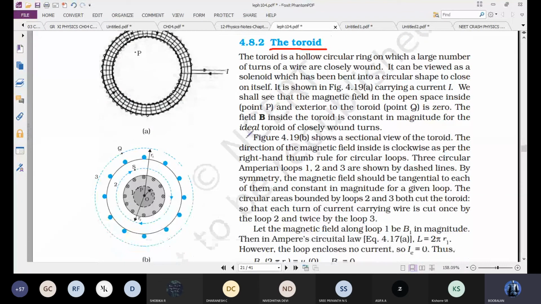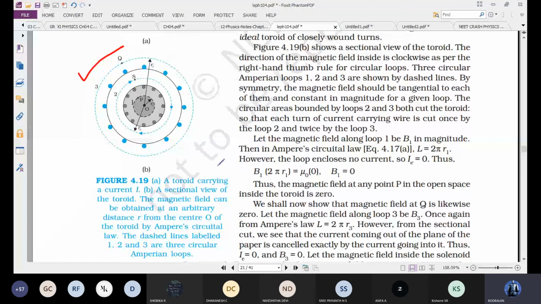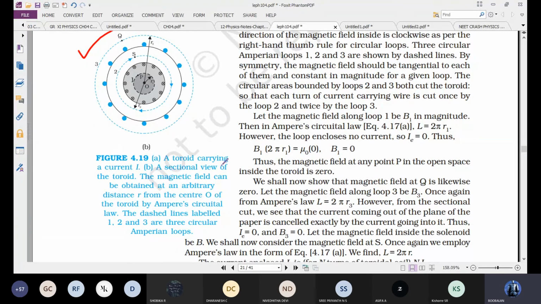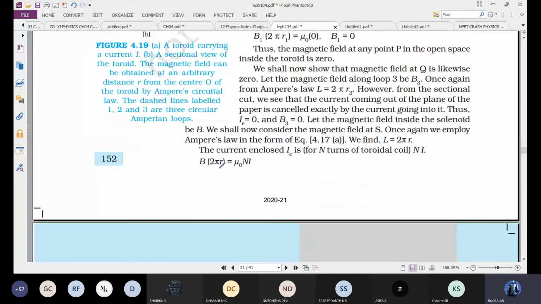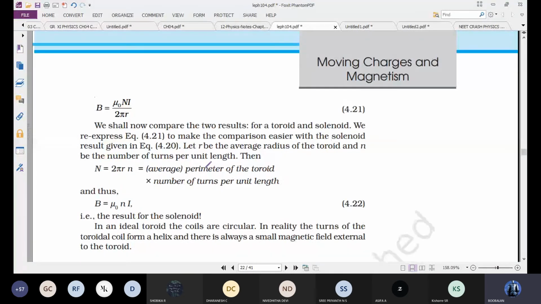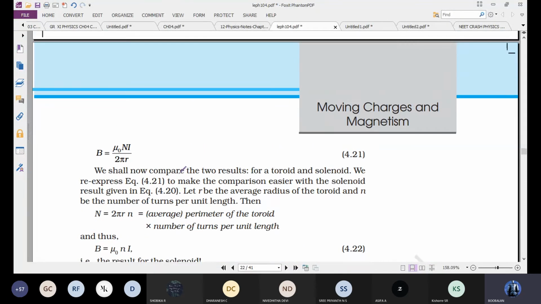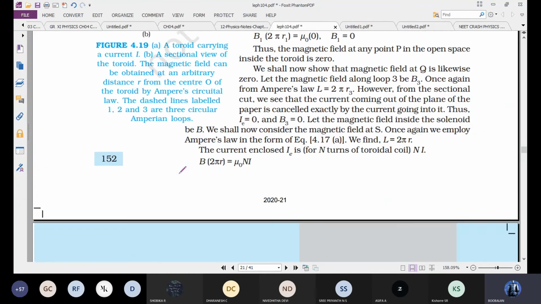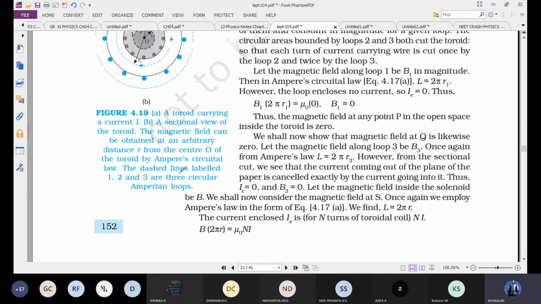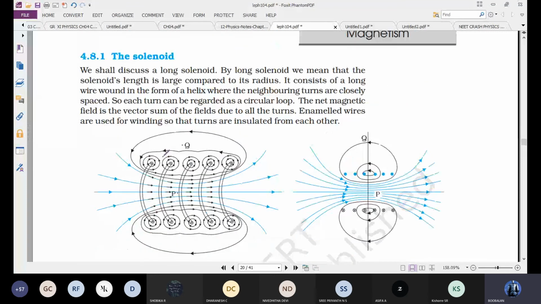The diagram is important. For which condition is the value 0? Which condition should we take the value? Please remember. This one we completed now, the solenoid.